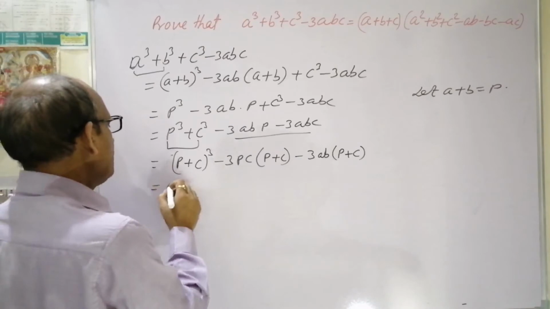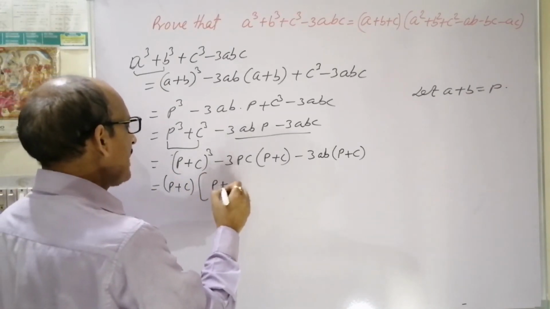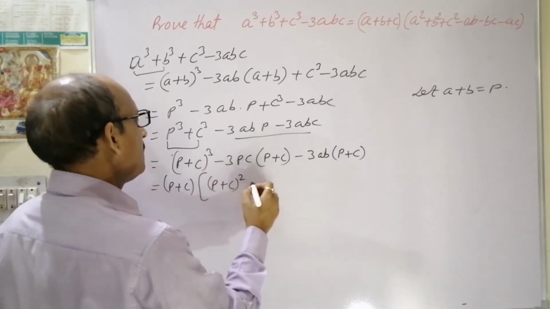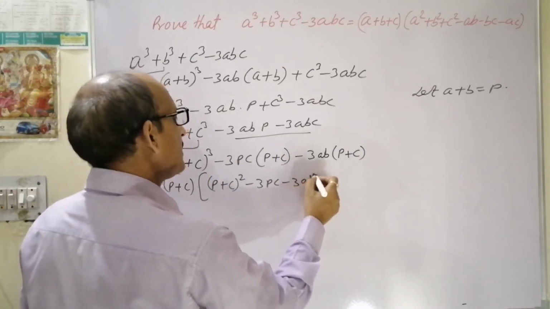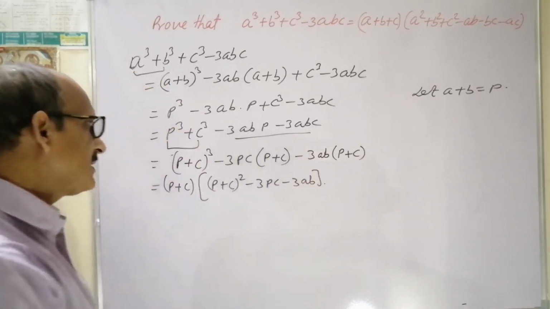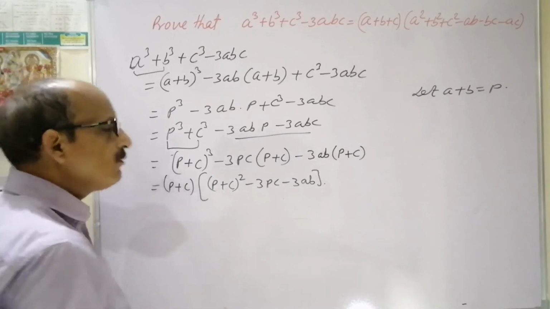We'll get here (p plus c) square minus 3pc minus 3ab. Work is approximately finished. Now put the value of p.